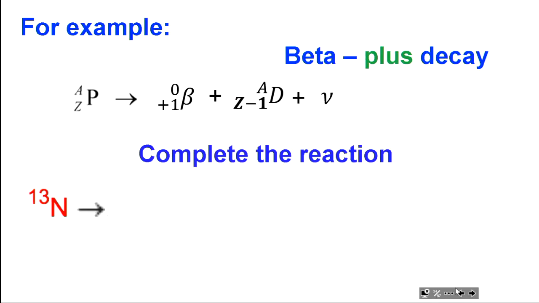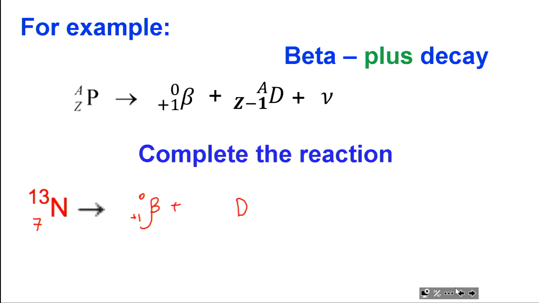So for example, what will be the result for this reaction? First of all, the nitrogen has 7 protons. The positron has practically no mass, but it's positive. So what should we have for the daughter particle?